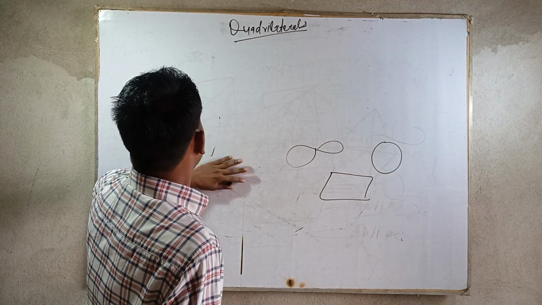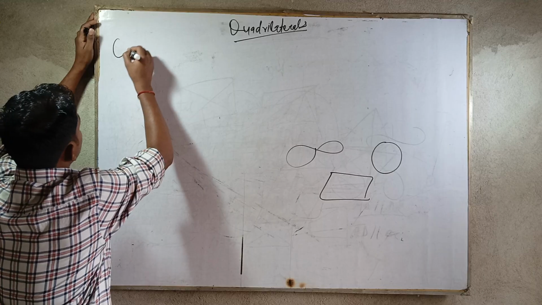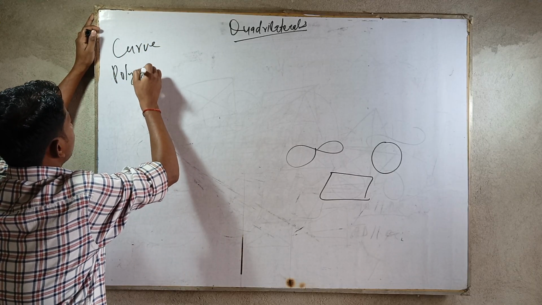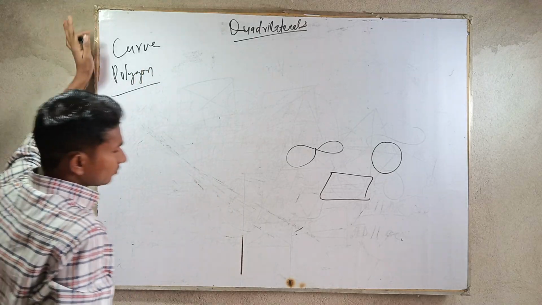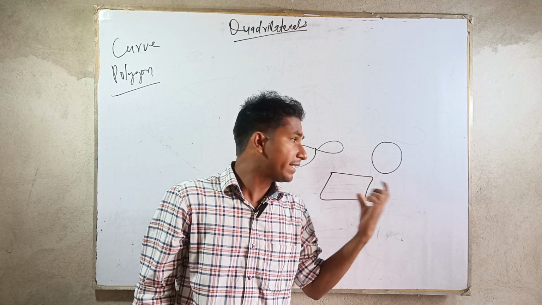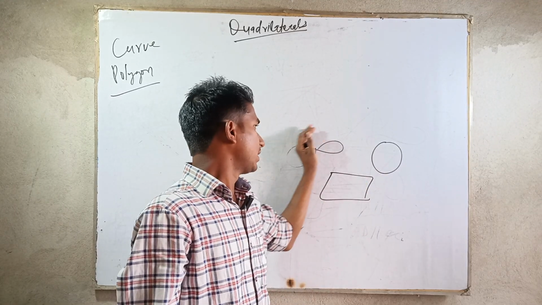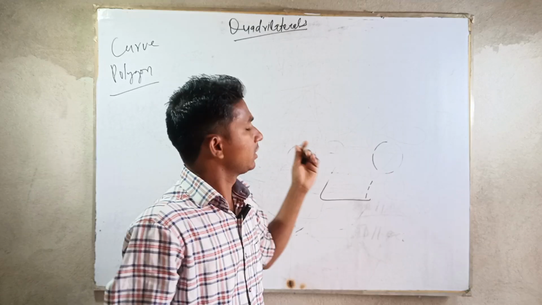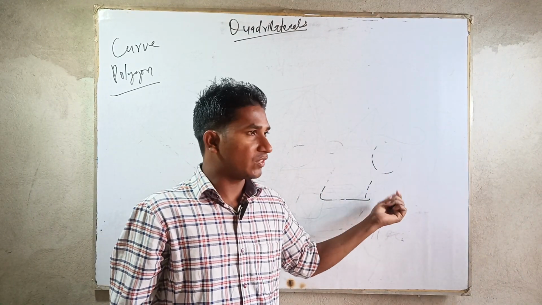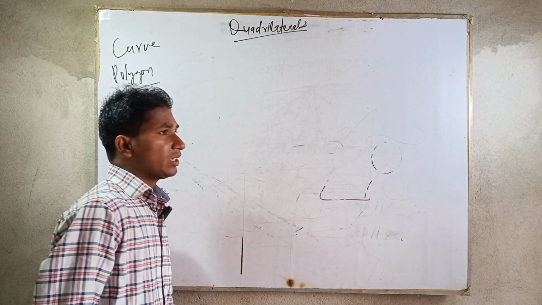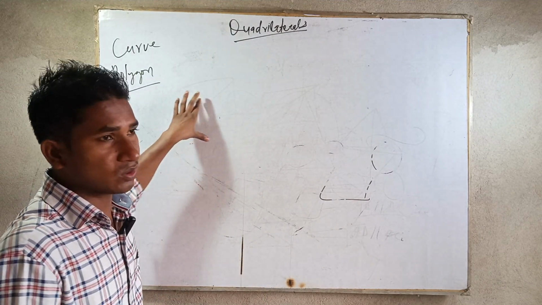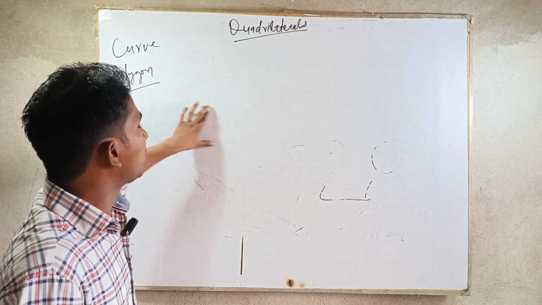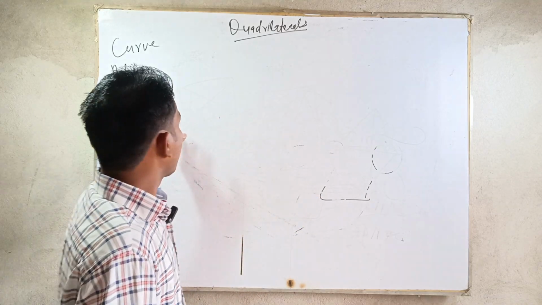Next is the polygon. I mentioned curves because the curve is used in polygons. A polygon is a simple closed curve made with line segments.